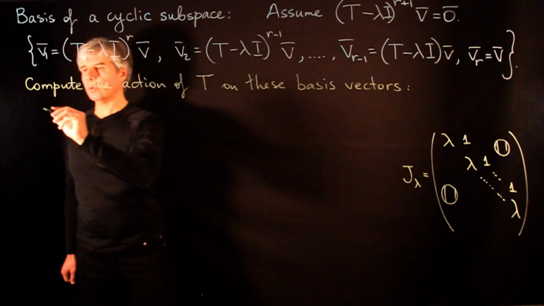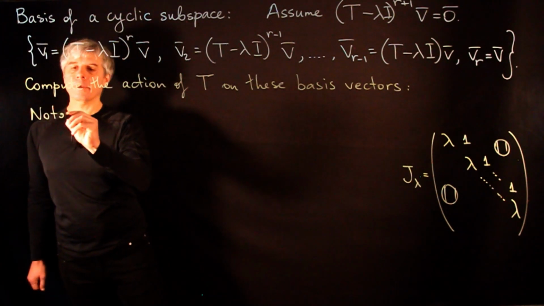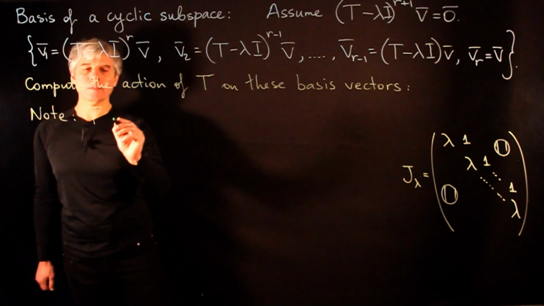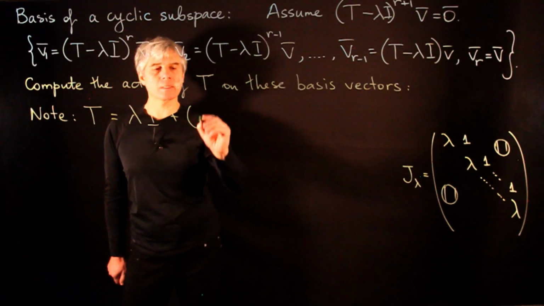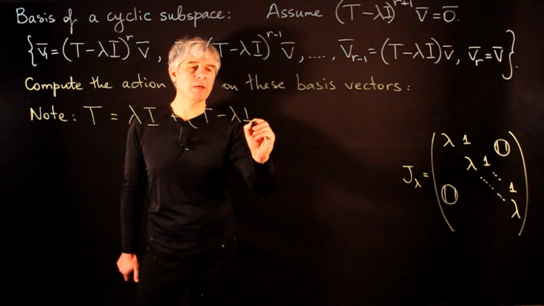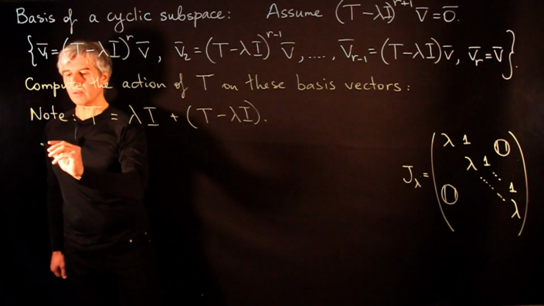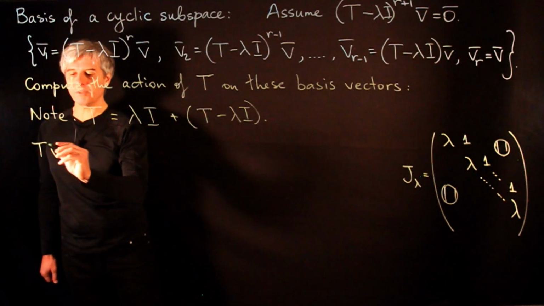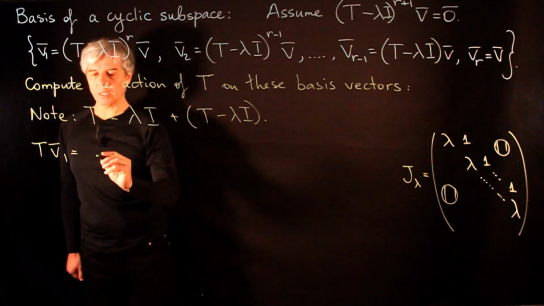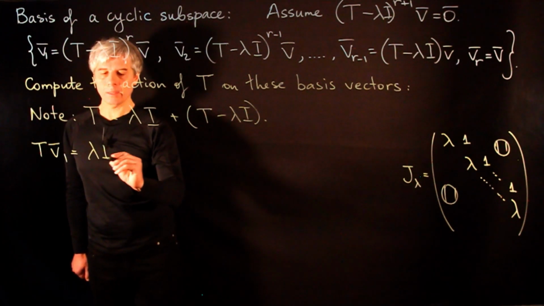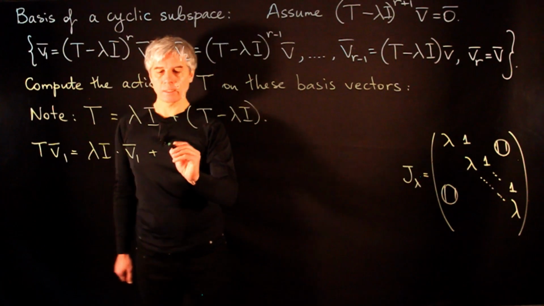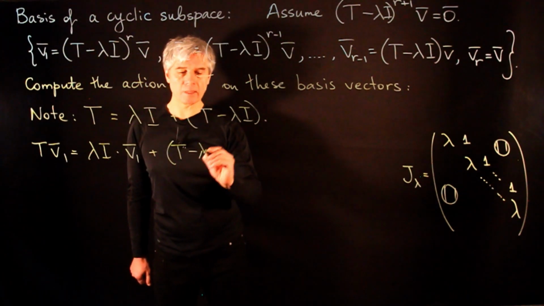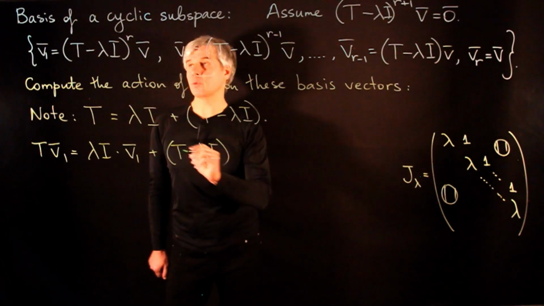And we're going to note that T can be written as lambda I plus (T minus lambda I). Then what is T acting on v1? So this is equal to lambda I applied to v1 plus (T minus lambda I) applied to v1.